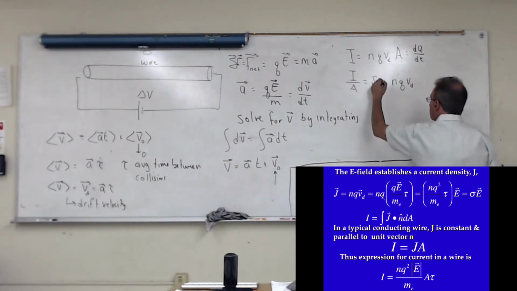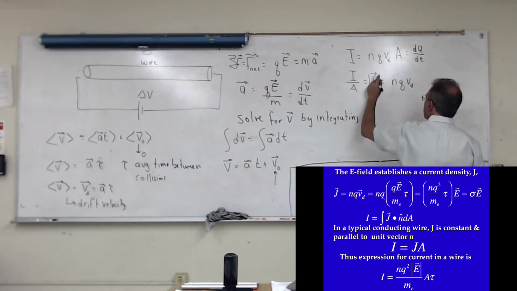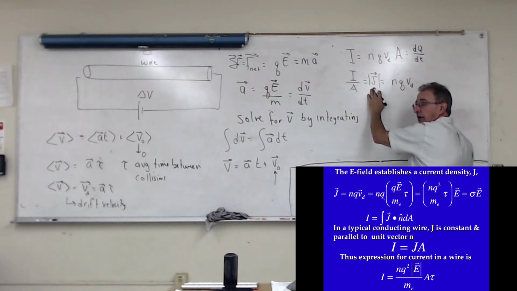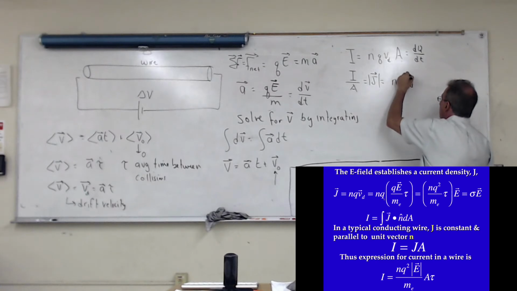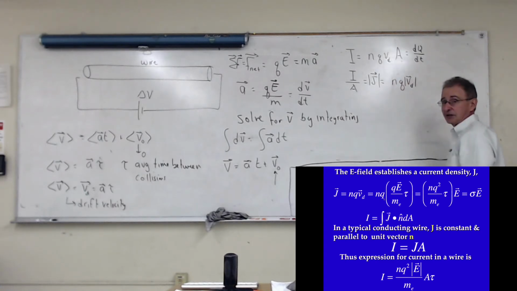And really, this is the magnitude of a vector, because this is a vector that's the current per unit area in a particular direction. This basically represents the flow of charge per unit area. And so this is really the magnitude of the drift velocity.